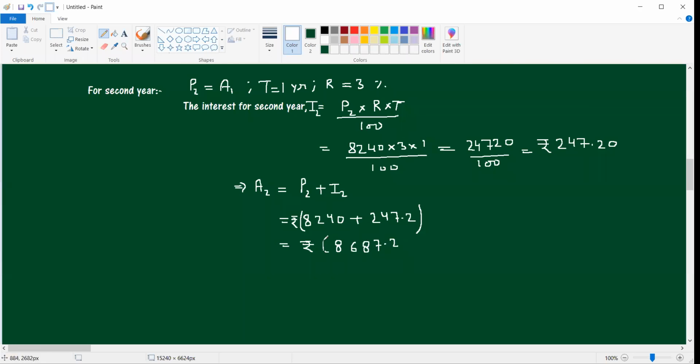This much rupees he will receive after the end of second year. Now this will be the principal for third year. Clear? So for third year, yes sir.